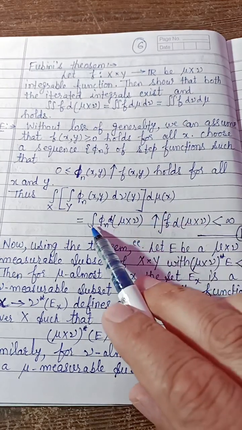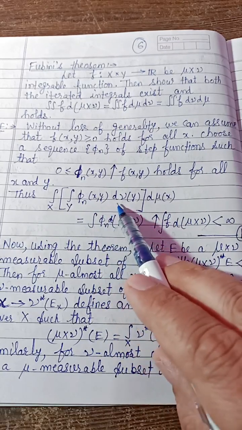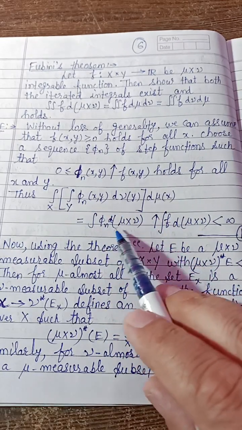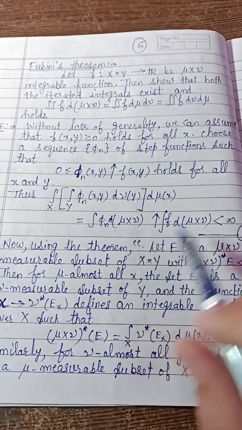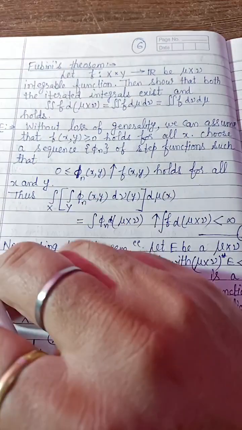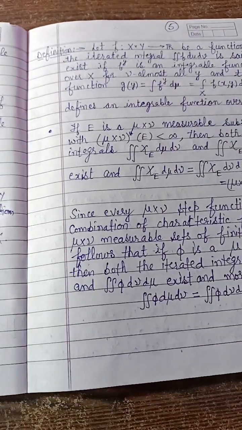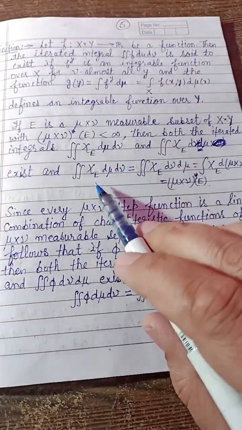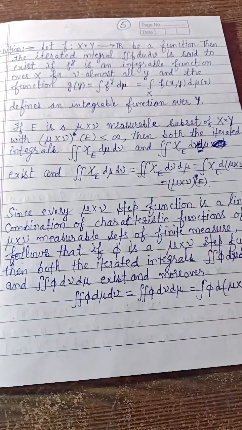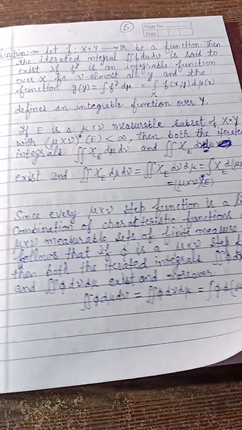Applying the definition, it is nothing but the integral of phi n d(mu cross nu). In the definition we have taken, again I am showing you this, just like the integral of chi E d nu equals the integral of chi E d(mu cross nu), a single integral.